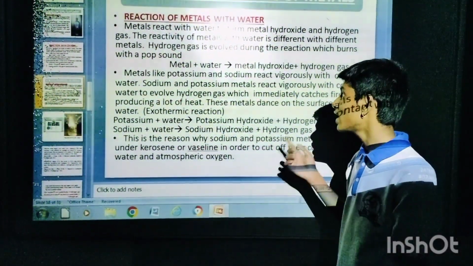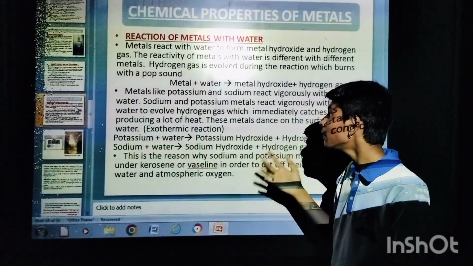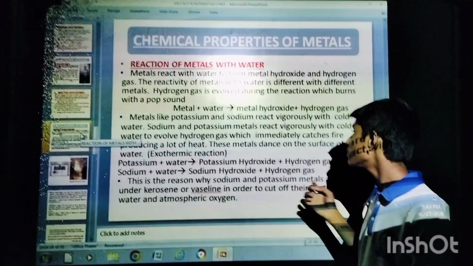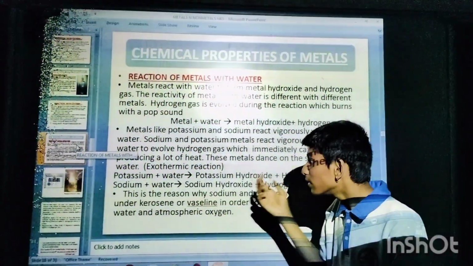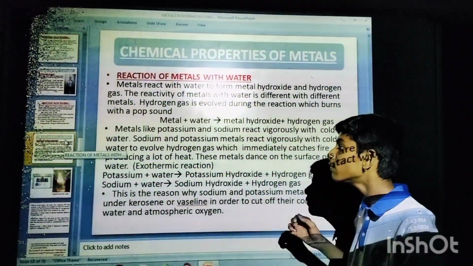Metals like potassium and sodium react vigorously with cold water. They evolve hydrogen gas, which immediately catches fire, producing a lot of heat. These metals dance on the surface of water.